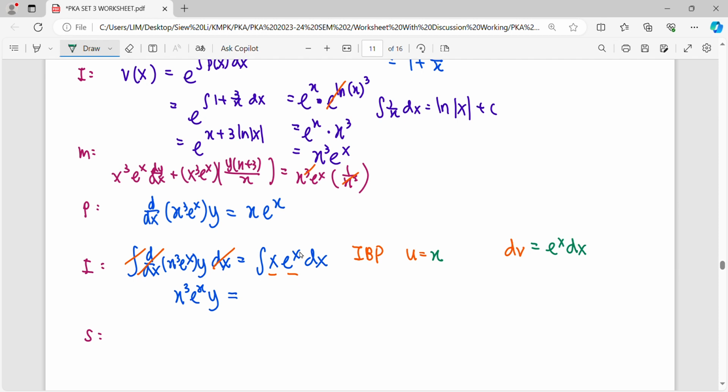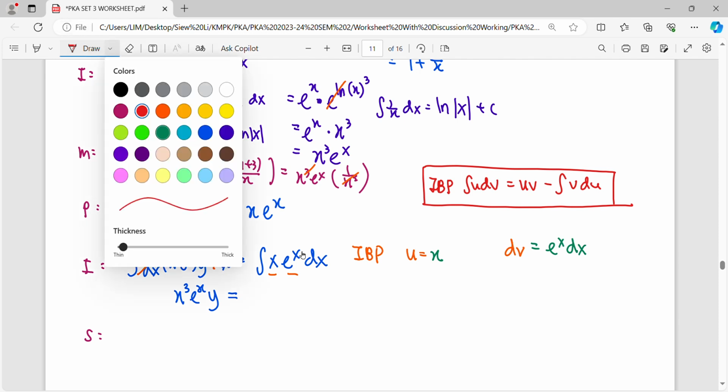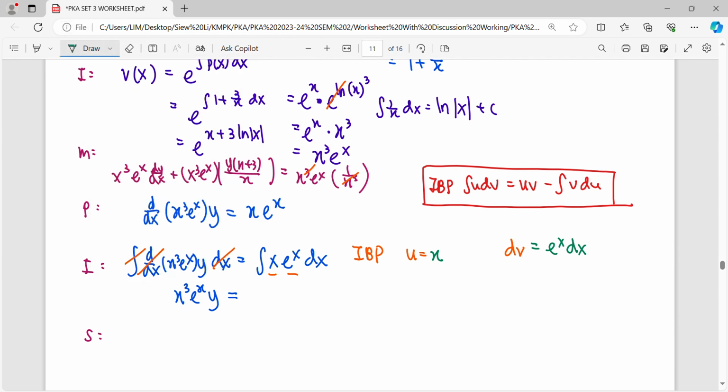So what is the formula for integrating by parts? Integrate u dv equals uv minus integrate v du. So we need to find out what is our u, what is our v, what is our du. We find out what is our u, what is our dv, and then we find du. We differentiate u with respect to x, so we get du is dx.